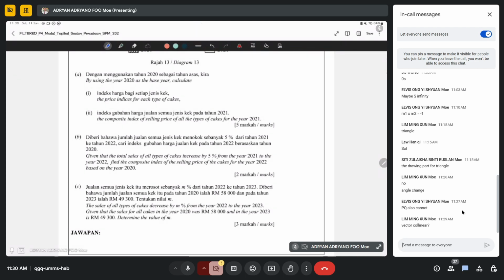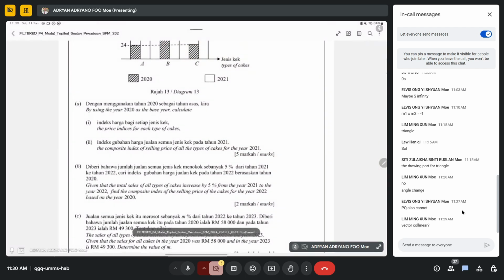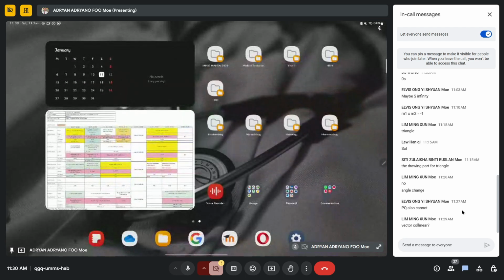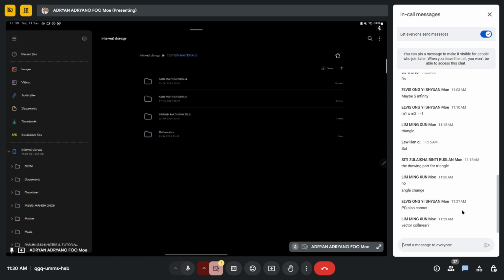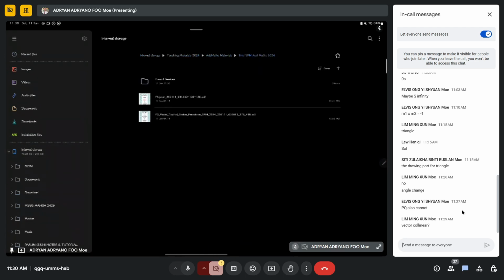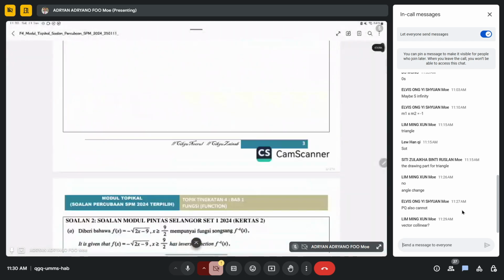Vector collinear. Okay, vector collinear. Wait, let me find one vector question. 这些 topic 应该没有问题啊。你应该懂什么的 I already share. Just that 没有一题一题 guide 你们做啦。Because I think that is better if you explore on your own. Let's see, collinear.